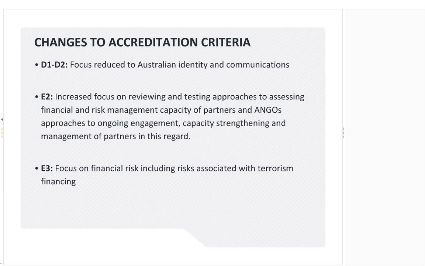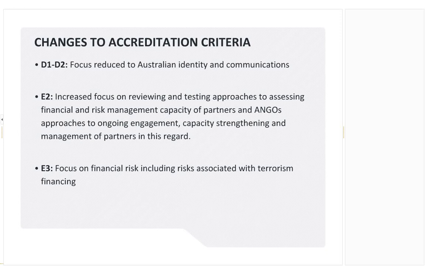Section E is the section on finance, criterion E. And again, similar to the criterion we talked about in C, there's an increased focus in the financial management section on reviewing and testing approaches of Australian NGOs to the way that they assess financial risk and financial management capacity of their partners.